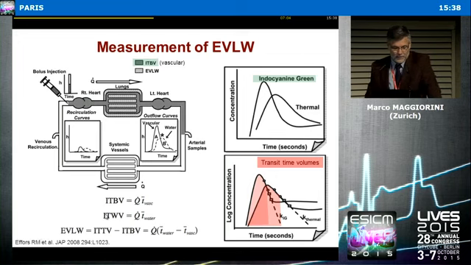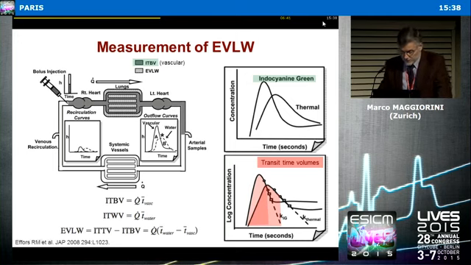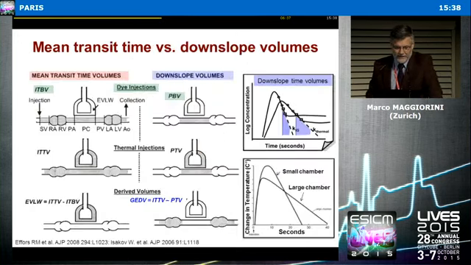And the total water content of the thorax is the cardiac output times the area under the curve of the thermal indicator. The difference between the water content in the vessels and the total gives you the extravascular lung water. This is how extravascular lung water was measured until the end of the 90s.